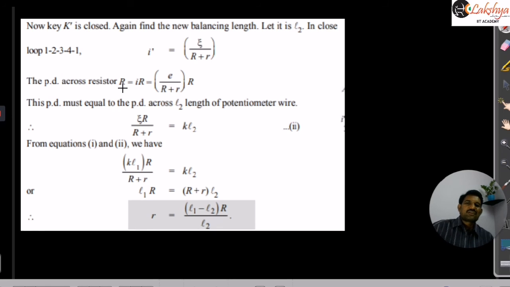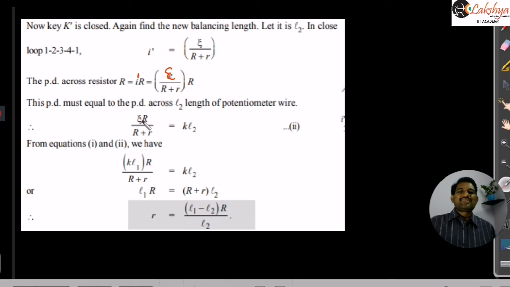The potential difference across that R is I dash into R, so E by R plus r into R. This potential difference must be equal to the potential difference across that length L2 of the potentiometer wire, so this is equal to K into L2.